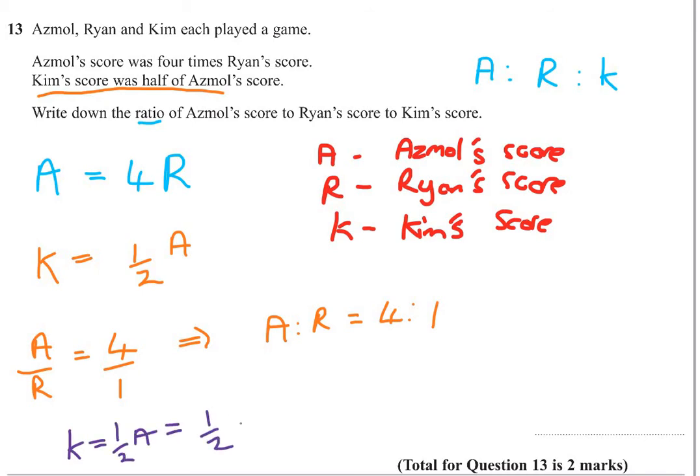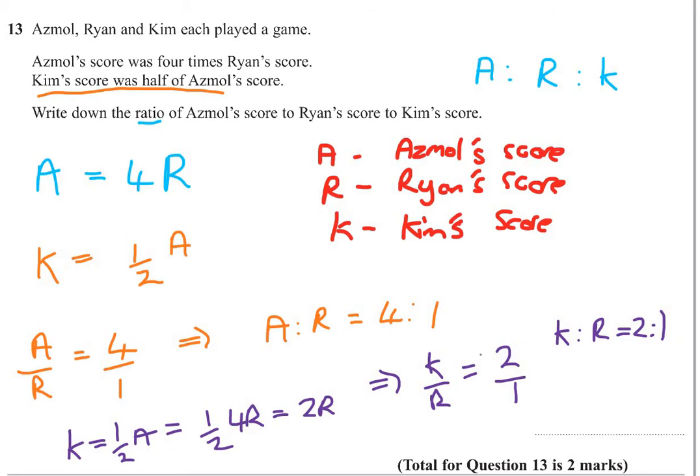So it's a half of 4R, which just equals 2R. So this tells us that K divided by R equals 2 to 1. So the ratio K to R equals 2 to 1. And from this we can see that because the R value is the same, we can just link them all together. So the ratio is 4 to 1 to 2.